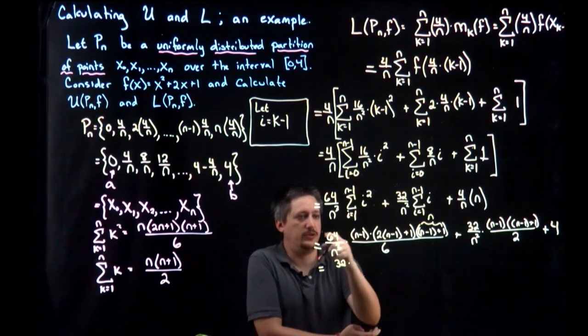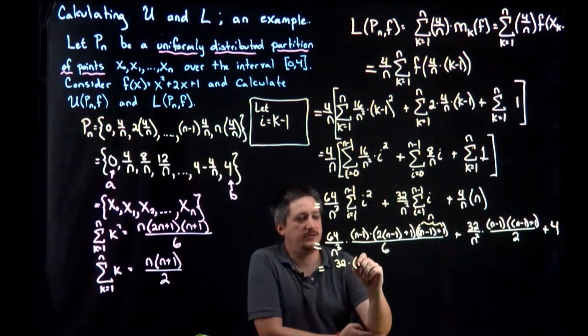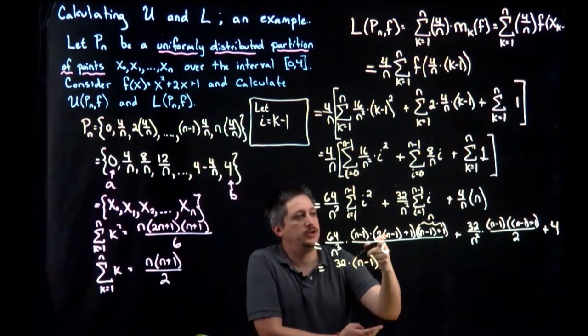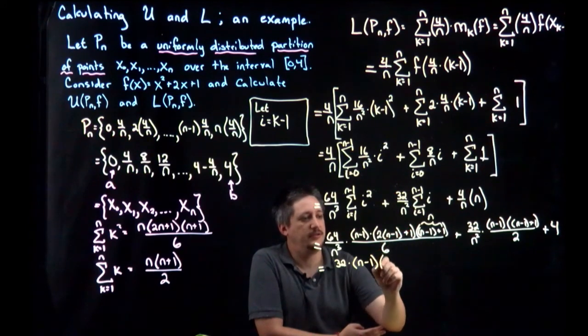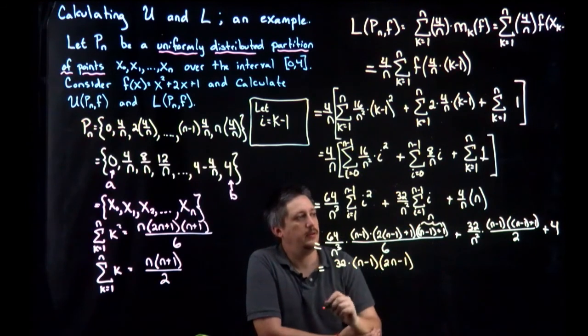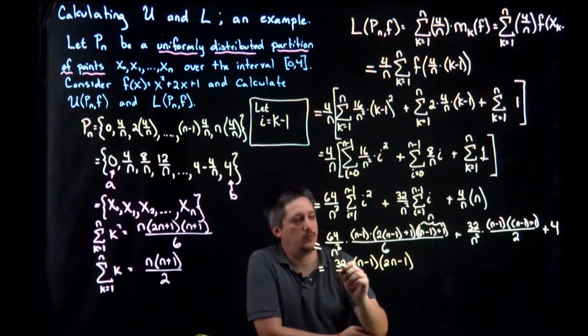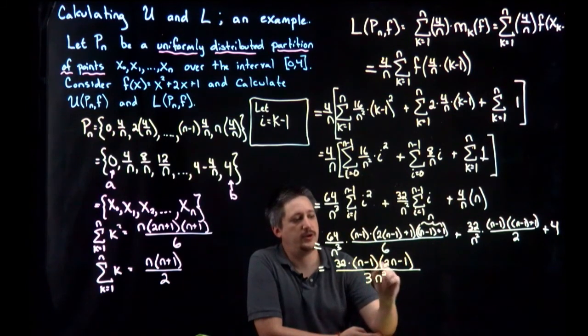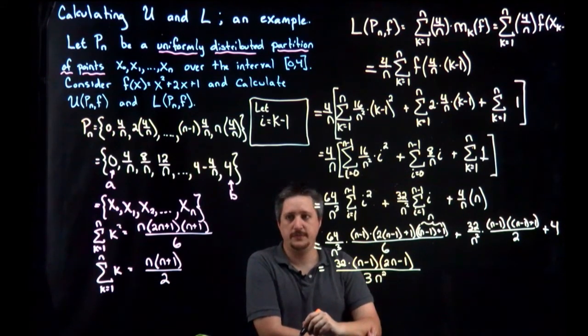This is canceling one of those 2's. n minus 1, 2 times n minus 2 plus 1, so I'm going to have 2n minus 1. This n canceled that n, one of those n's. So I have still 3n squared.